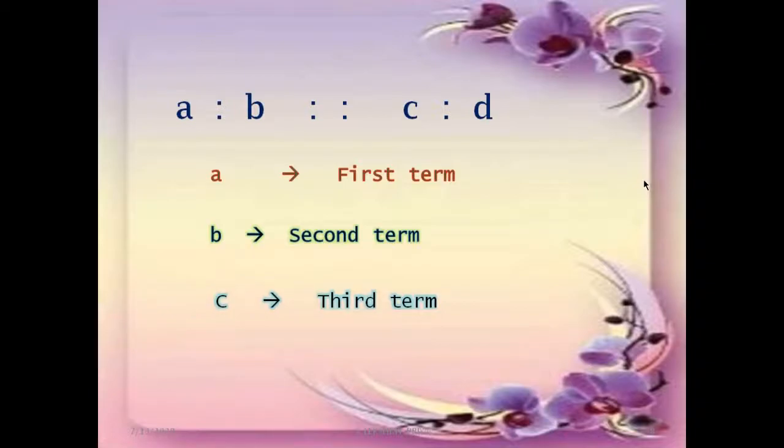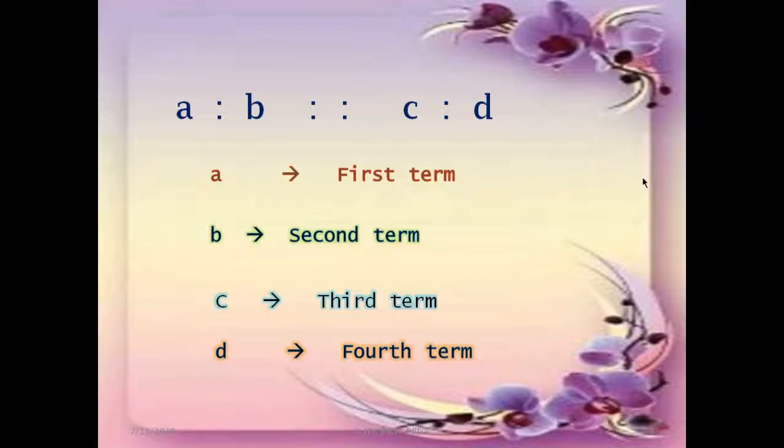Another proportion is given as A is to B is as C is to D. The four terms of the ratios are A, the first term, B, the second term, C, the third term, and D, the fourth term.